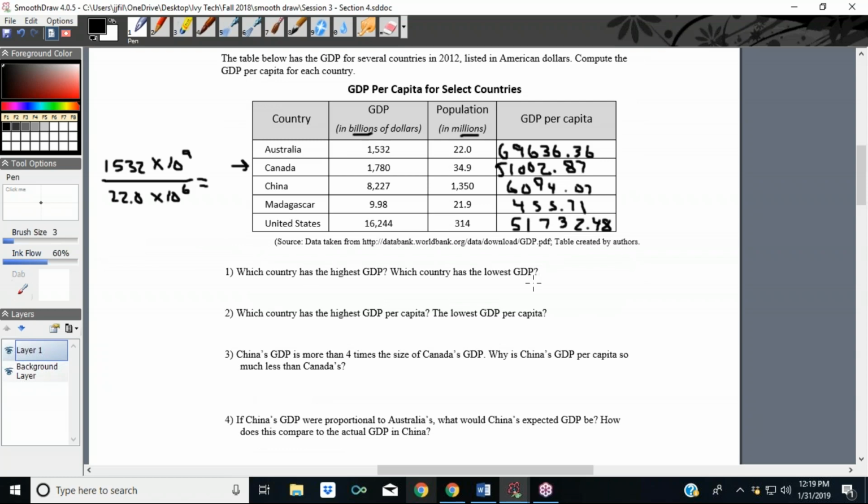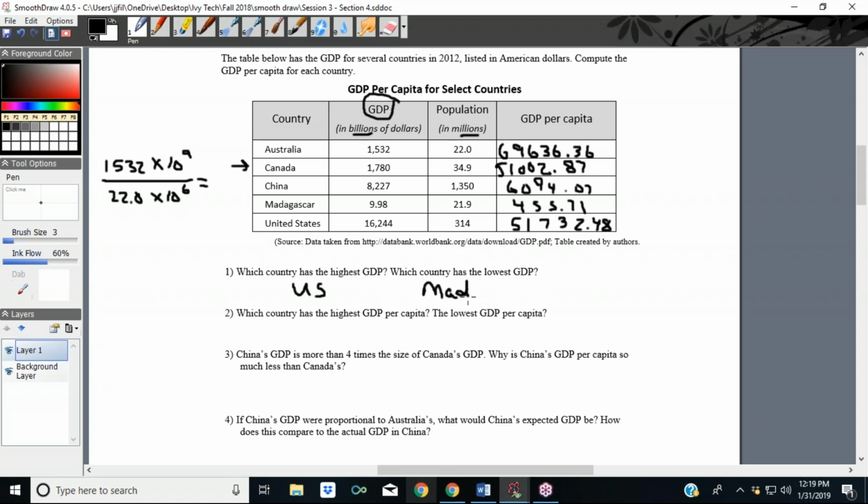We want to answer these questions just quickly. Which country has the highest GDP? So GDP is right here. And it is the US, much higher than the others. Which country has the lowest GDP? You can feel free to answer either out loud or in the chat box.